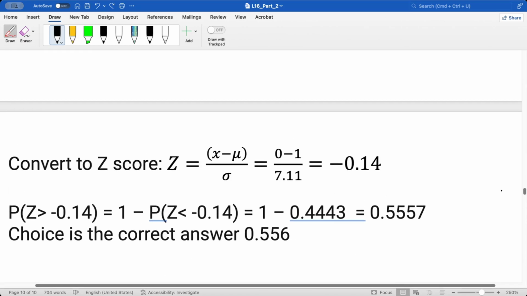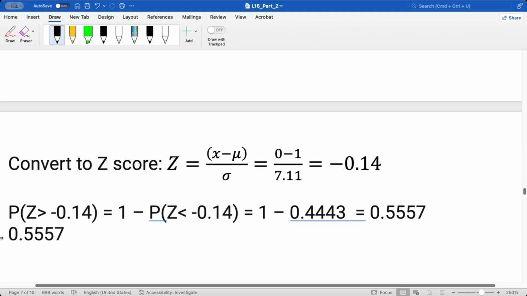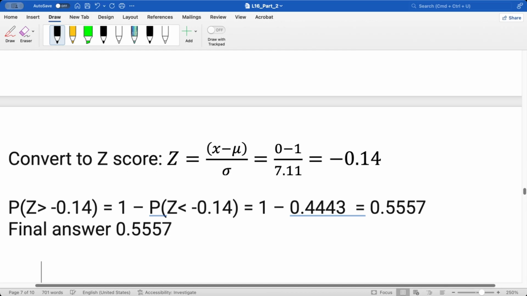So that's 0.4443. 1 minus that is 0.5557. So the final answer here is 0.5557, about a 55.57% chance of this happening.